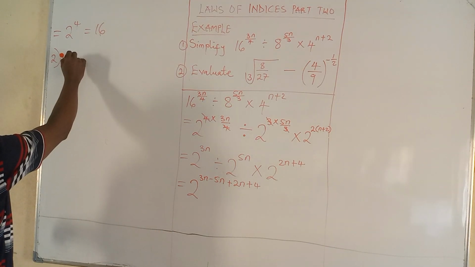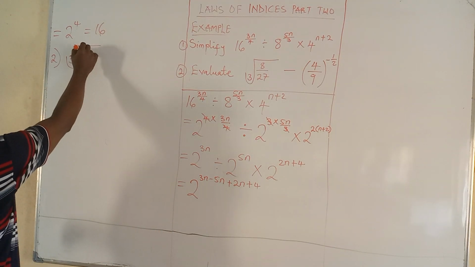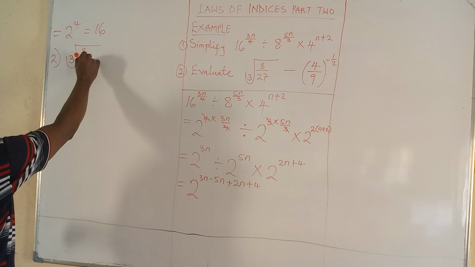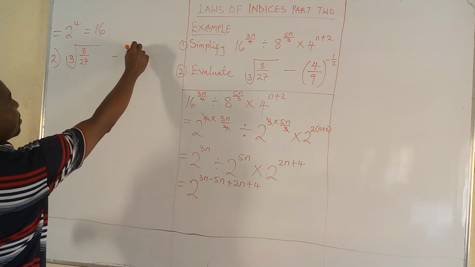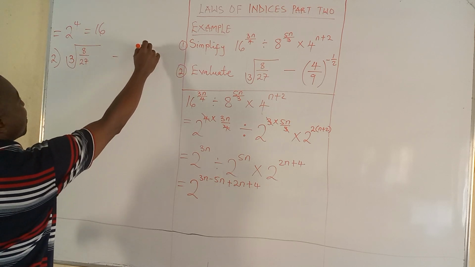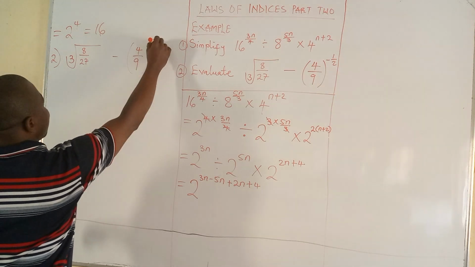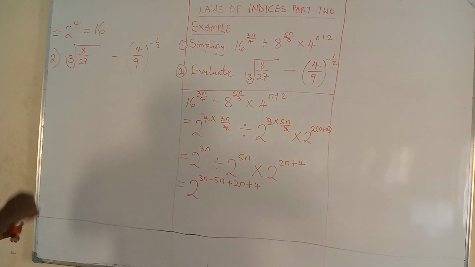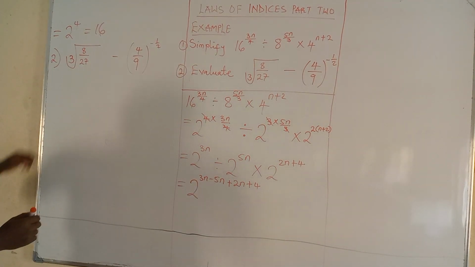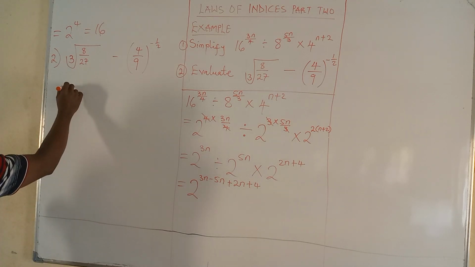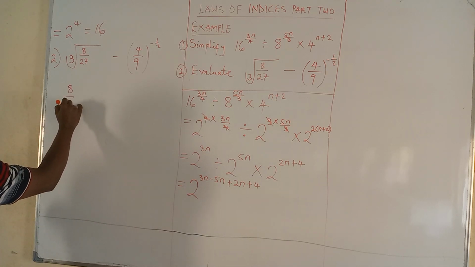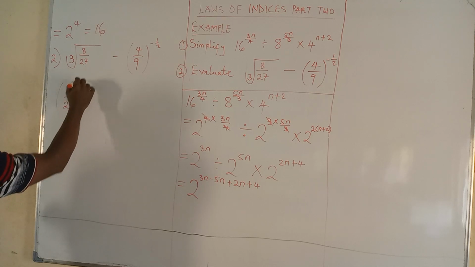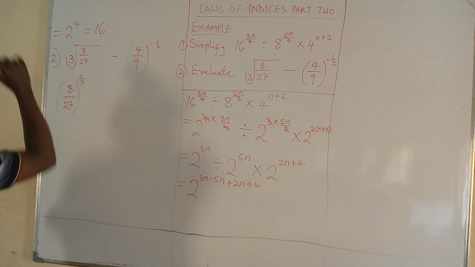First of all, let me write the equation, the cube root of 8 over 27 minus 4 over 9 raised to power minus 1 over 2. Okay, this is the same thing as 8 over 27 raised to power 1 over 3.